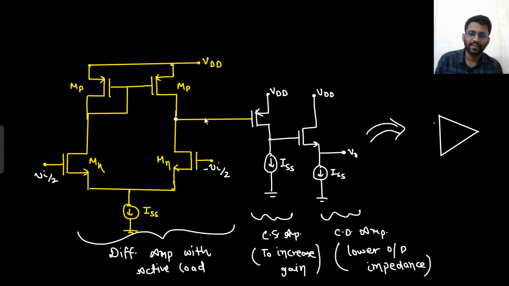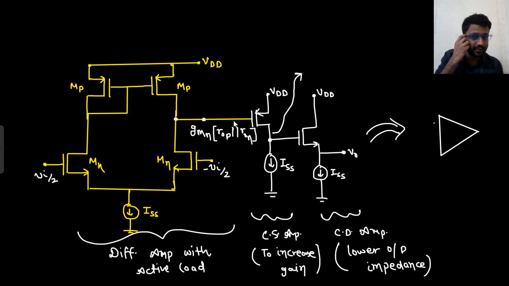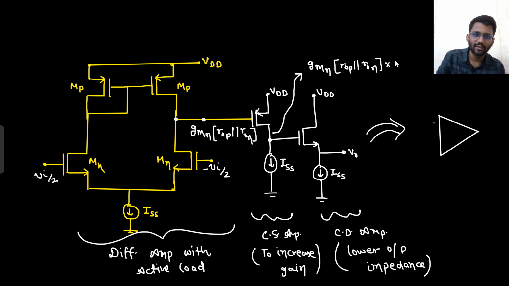Let's just write the gain first. What was the gain here? gmN times R0P parallel with R0N. And if you go from here to here, what will be the gain? This gain will be multiplied with the gm of this, gmP, and the R out of this, that would be R0P, right?